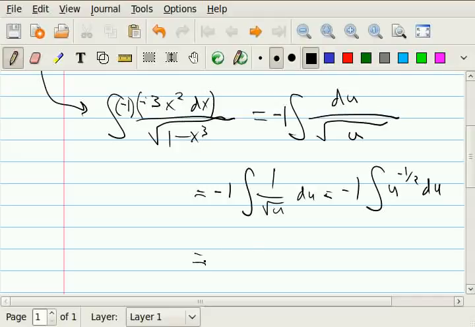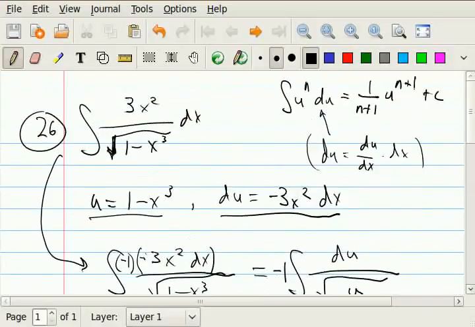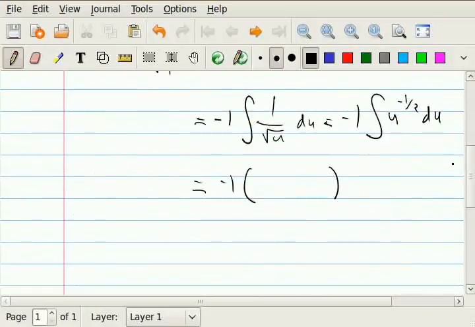So that's just negative 1, and then I can integrate this using the power rule. U to the power negative 1/2 du. When I integrate that, according to this rule, I get 1 over the old power plus 1. That's negative 1/2 plus 1, which is positive 1/2, times u to the power negative 1/2 plus 1, which is positive 1/2, plus c.